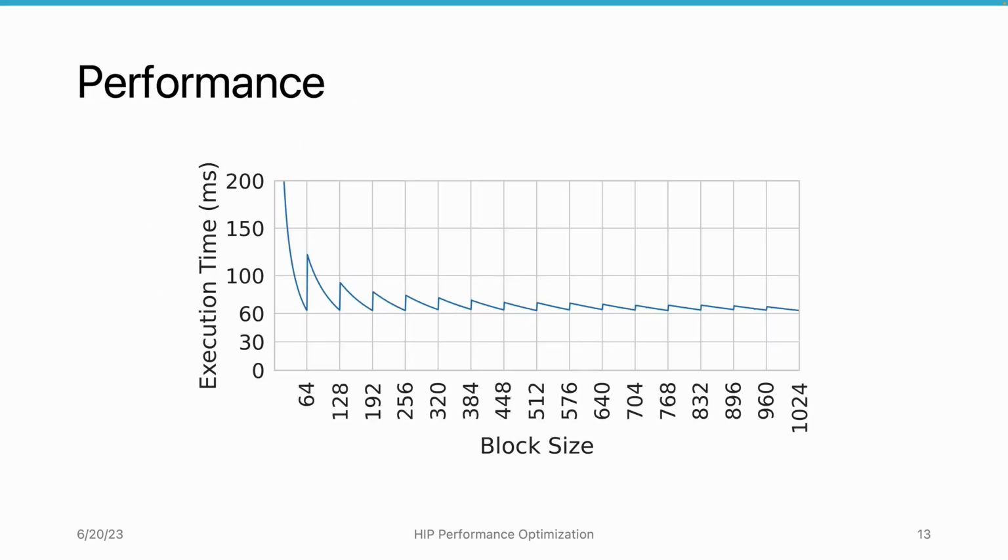I ran this program on an MI50 GPU, and these are the values I got. The x-axis is the block size, and the y-axis is the execution time in milliseconds. The smaller the number, the faster the execution. We can see here there's a jigsaw pattern. When we have 1 thread per block, the execution time is extremely long.